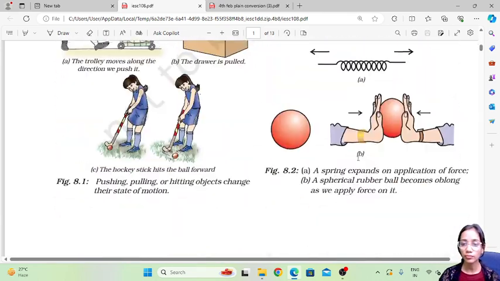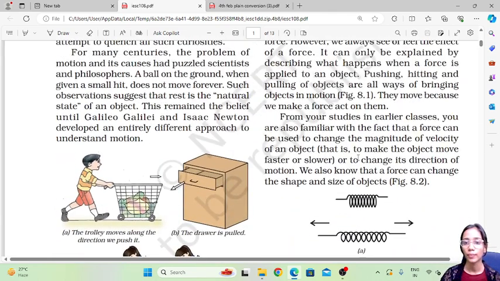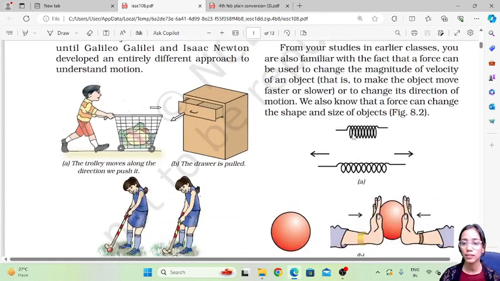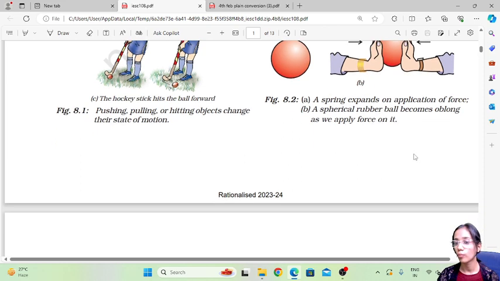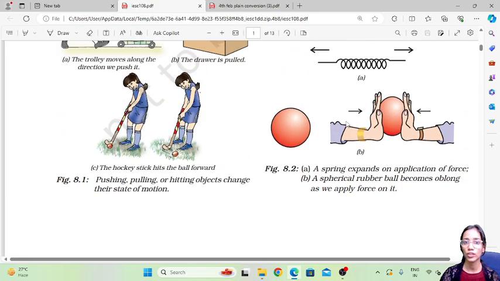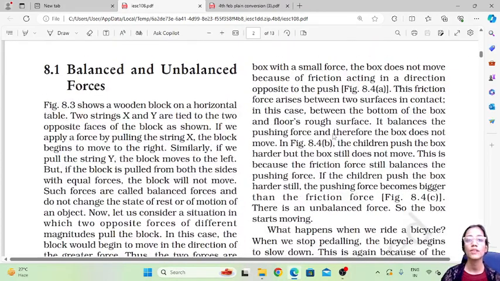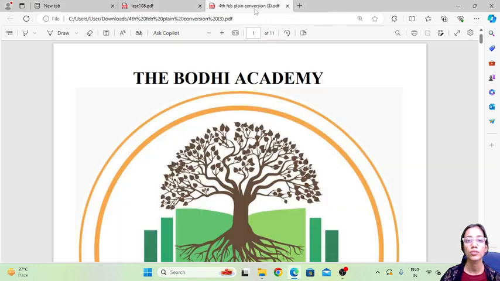Now even over here we can see that if this spring is expanded from both the sides, it will change its shape. So the spring expands on application of force. A spherical rubber ball becomes oblong as we apply force on it. It changes the shape. Okay, so this is the concept of force.